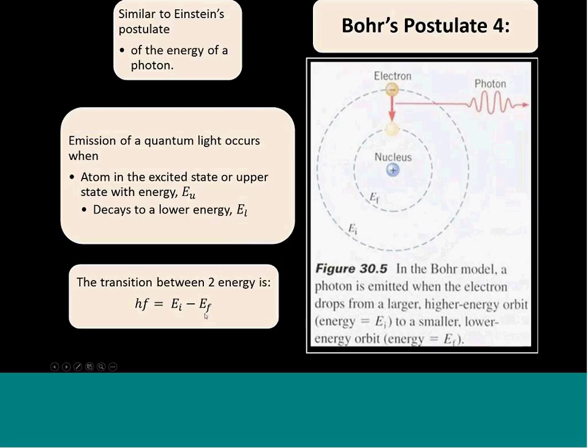So EL tolak dengan EU. So EI equal to EU tolak lower EL. Ini initial energy because biasanya kita akan bermula dengan upper level. So energy final ni energy yang selepas yang berlaku.